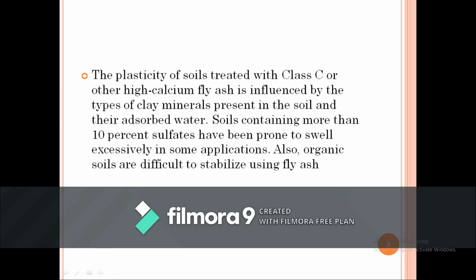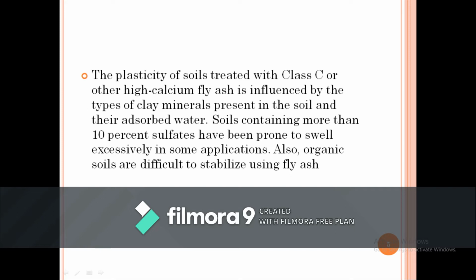It is not absorbed water, adsorbed water. So, how much ever calcium is present in the soil, and how it is going to be treated, depends on that. The quantity of the adsorbed water molecules and the type of clay minerals present in the soil are also known, and how these two are acting together is being considered.